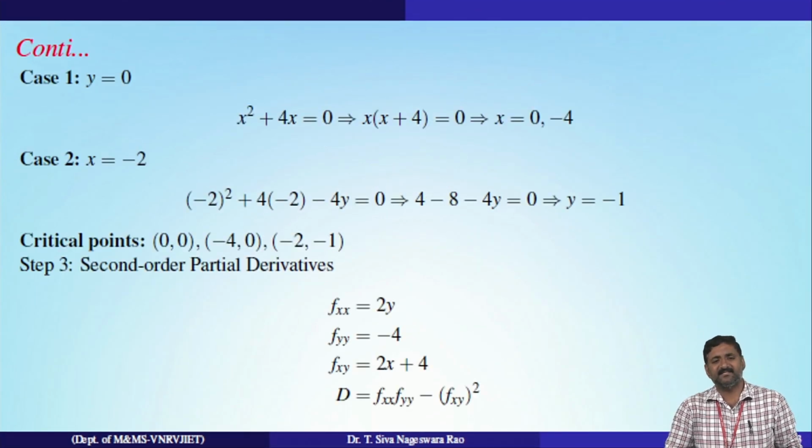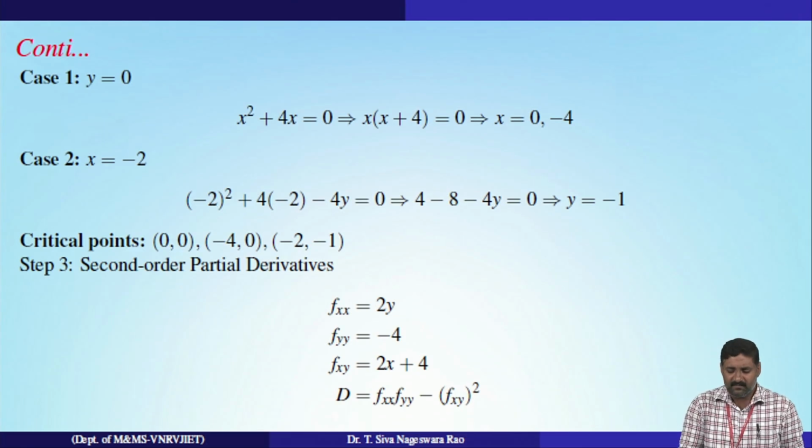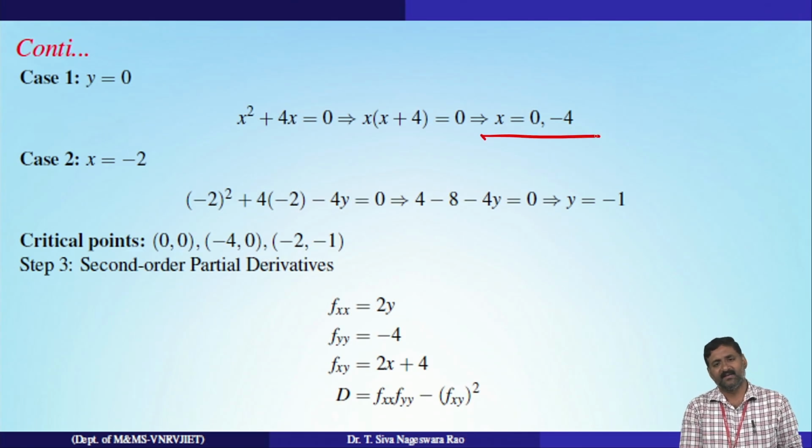So, let us take y is equal to 0 into the second equation. You will have x is equal to 0 and x is equal to minus 4. So, corresponding to y, you will have two different values of x.